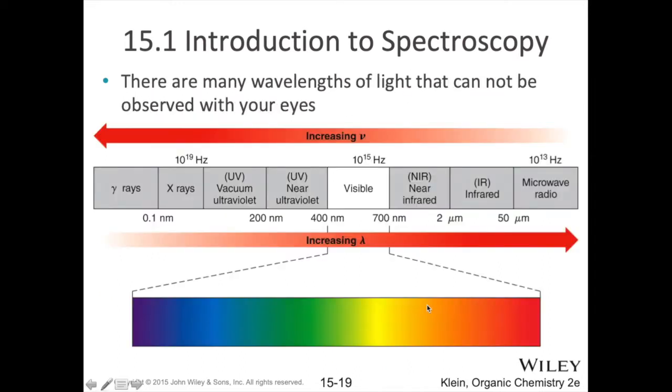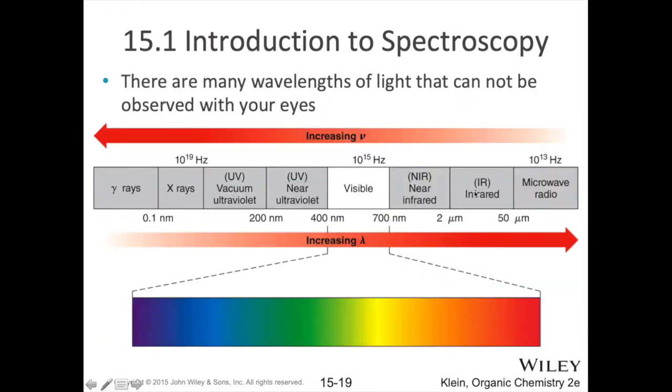Here is our electromagnetic spectrum. We have our lower energy or longer wavelengths going all the way down to radio waves, including microwaves. Microwaves are actually a little on the shorter wavelength side of radio waves. Then we have infrared radiation, and visible light over here, which of course has all the colors of the rainbow.